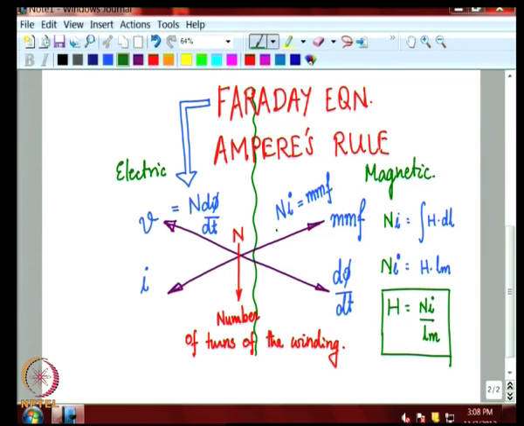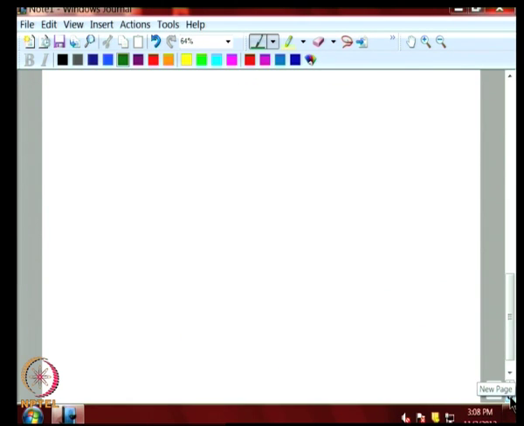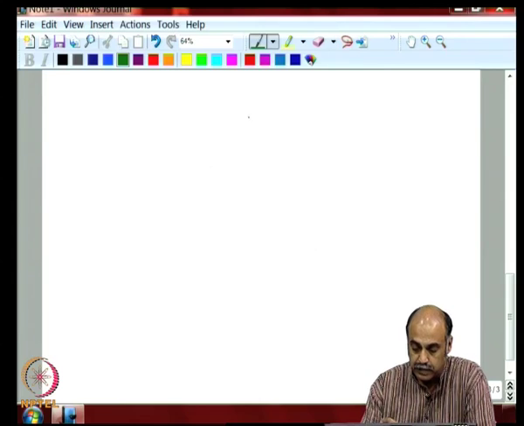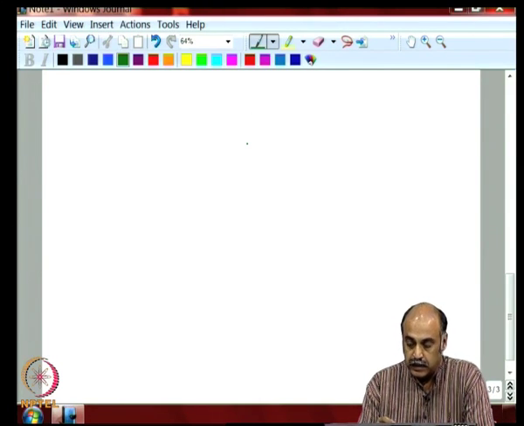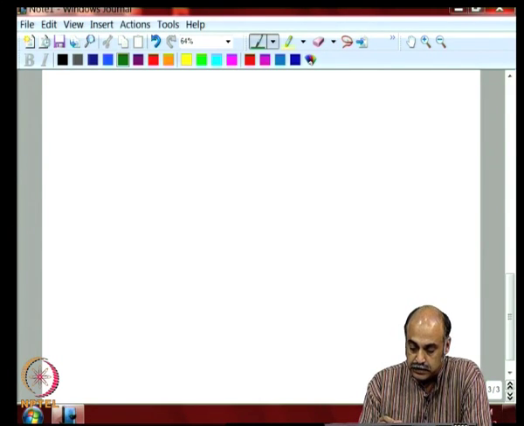From Ampere's rule we have this, and from Faraday's law we have these. Now, these two laws are the most critical principles on which the entire interaction between the magnetic and electrical domains rests.